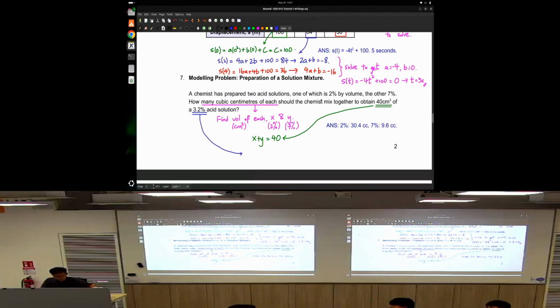So the first one is 0.02 times x, because it's 0.02 proportion, which is 2% of the volume x, okay, plus 0.07 of the volume y, okay, that must fulfill 0.032, okay, of what? Of x plus y. Because that's the total volume.